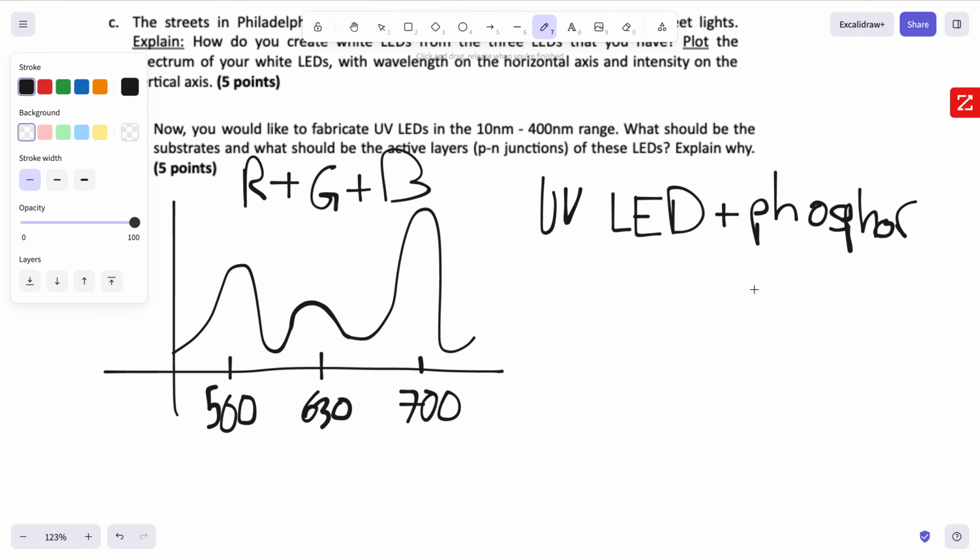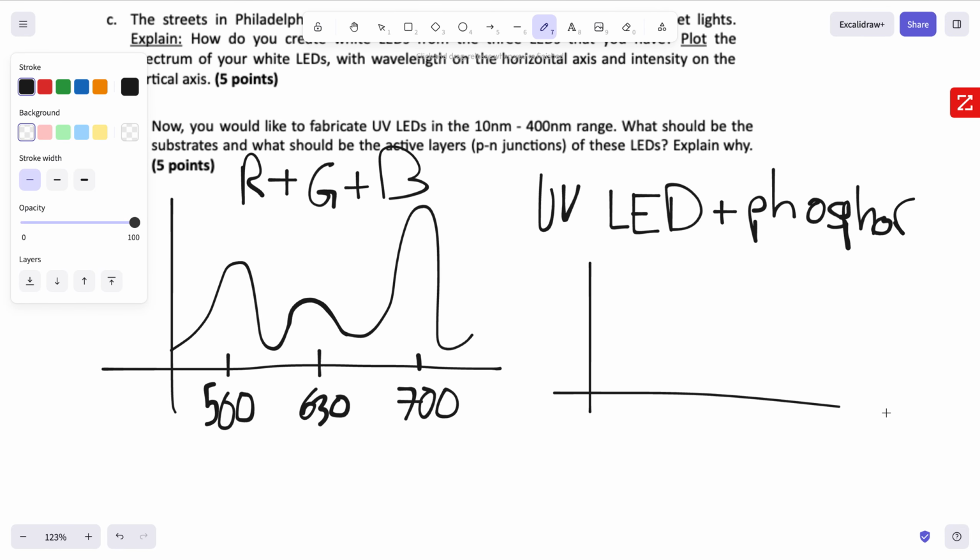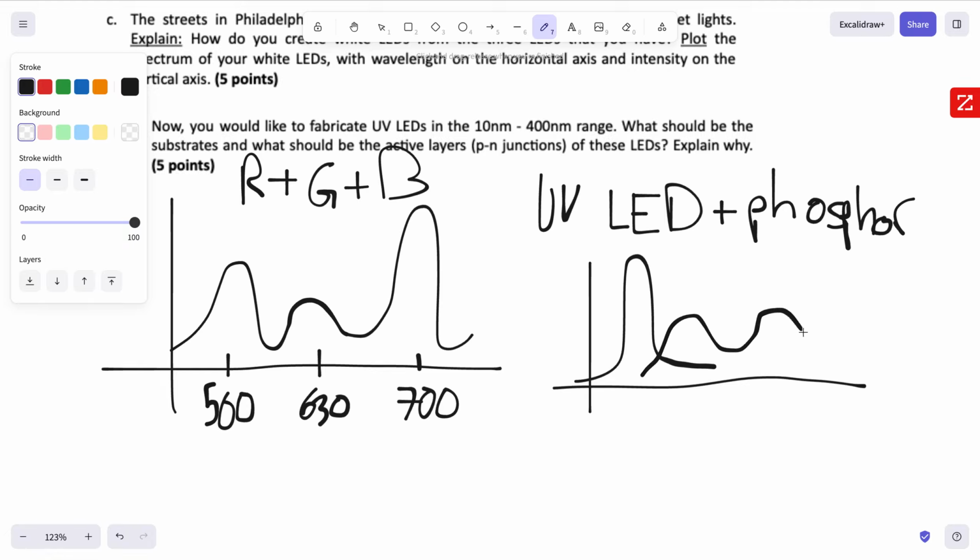And this creates a way smoother spectrum, because we have our UV LED, and then when this UV light hits the phosphor, or the RGB phosphor, it creates a much smoother band diagram. As you can see, you don't have all this variation. You have more constant.